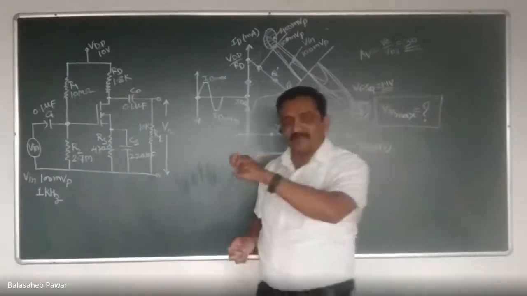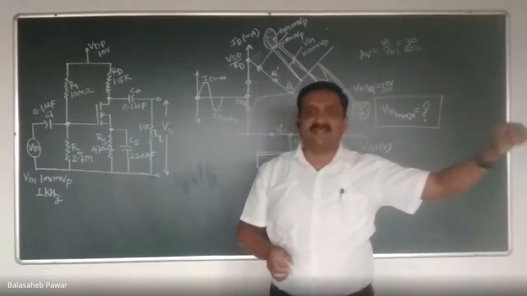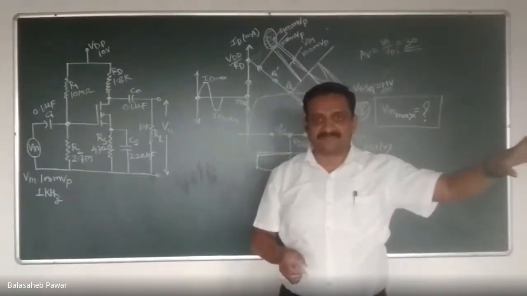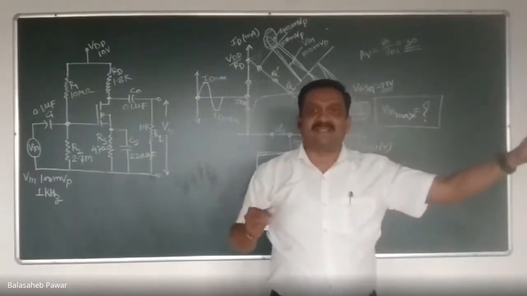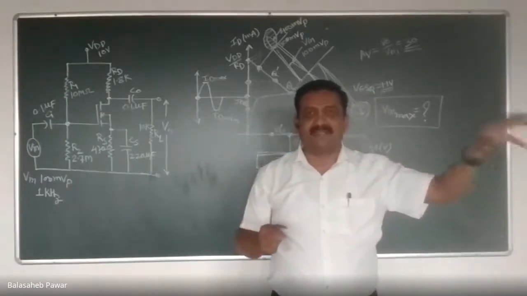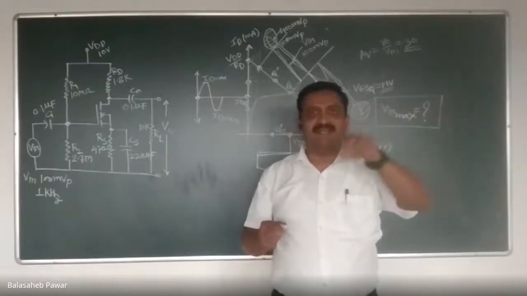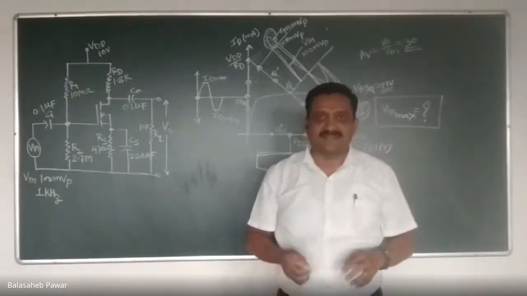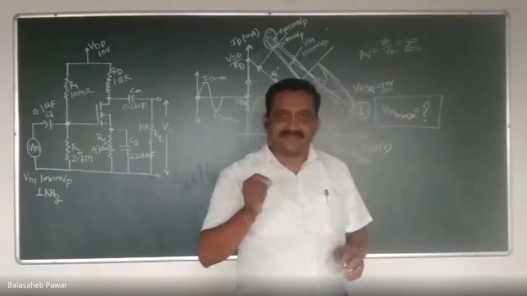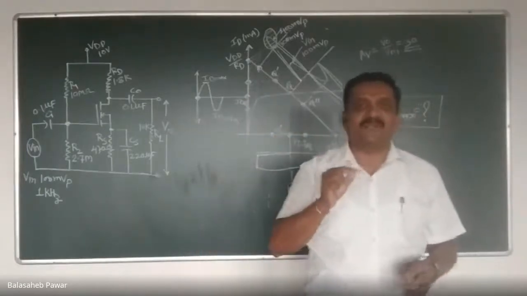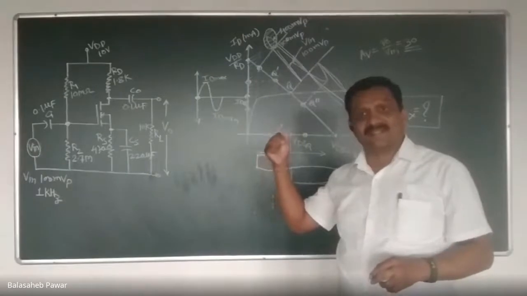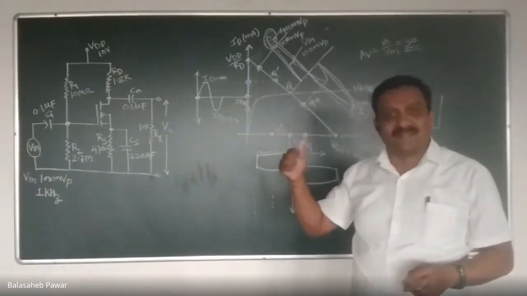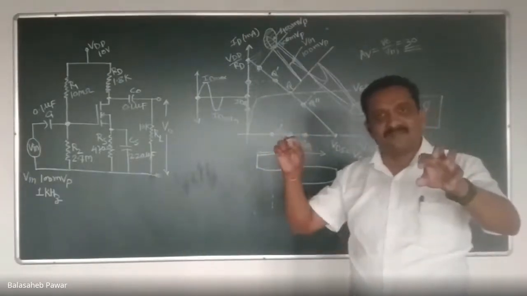So when the input is 100 millivolt peak, output will be 100 millivolt peak into 30. Whenever input is 300 millivolt peak, output will be 300 millivolt into 30 as a peak voltage, correct? And if my input is 400 millivolt peak, how much will be the output? Maximum output. It will remain 300 milli into 30.